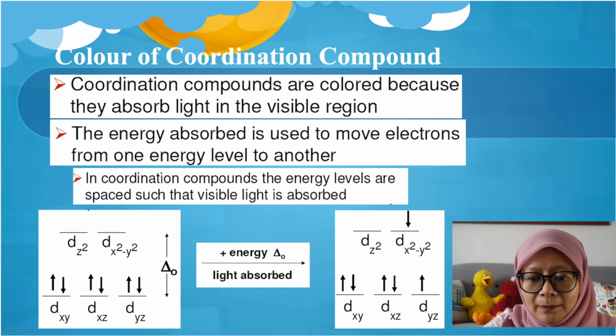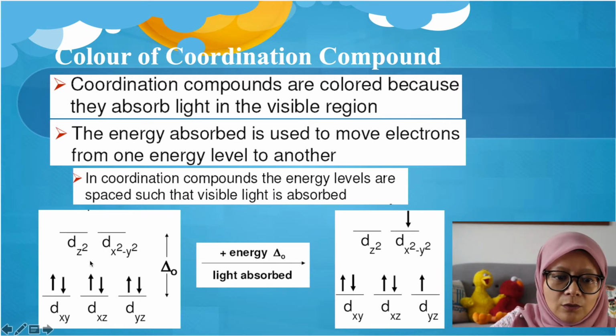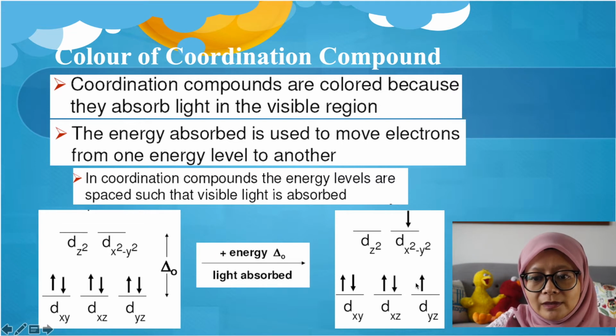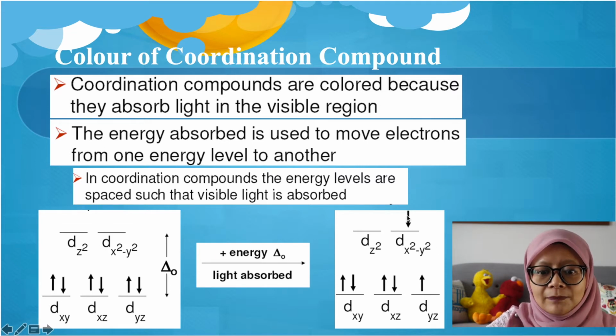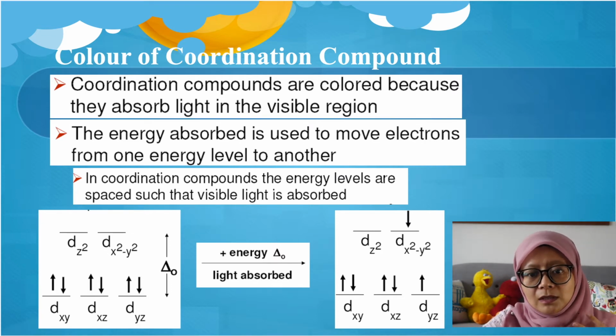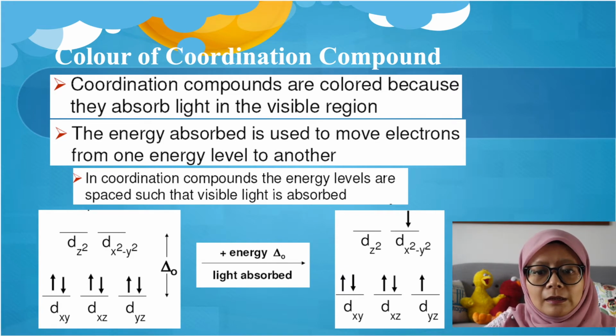So for the 3d6 at lower energy here in t2g, one of the electrons will jump, and it will give you an absorption band or absorption spectrum that you can analyze, and you can determine the lambda max and so on.